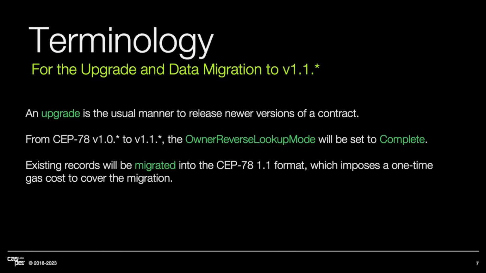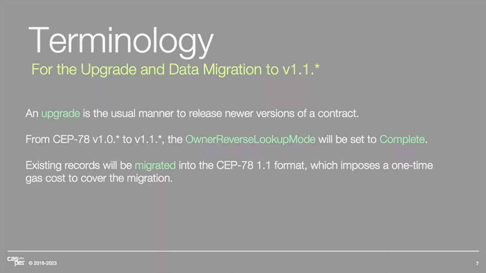If you are upgrading a contract from version 1.0 to 1.1, owner reverse lookup mode will be set to complete, as this was the standard behavior of CEP-78 in version 1.0. In addition to being set to complete, existing records will be migrated into the CEP-78 1.1 format, which will impose a one-time gas cost to cover the migration. Future upgrades may not involve data migration, but the migration is necessary with this release.